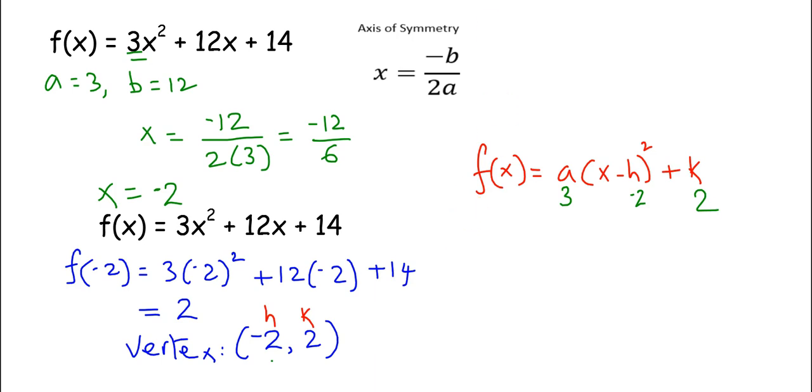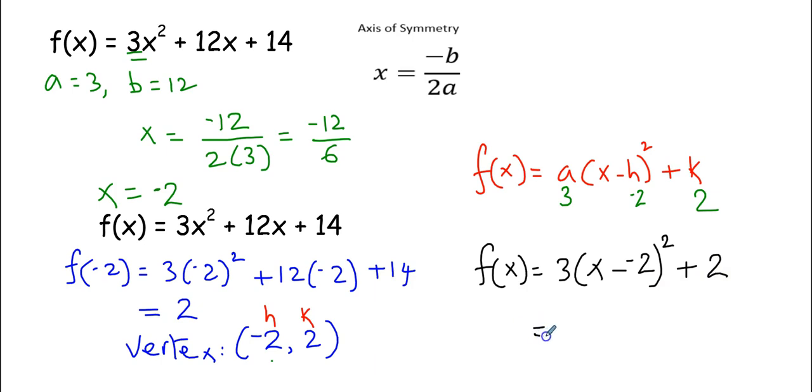So f of x changes to 3 times x minus negative 2 whole square plus 2.